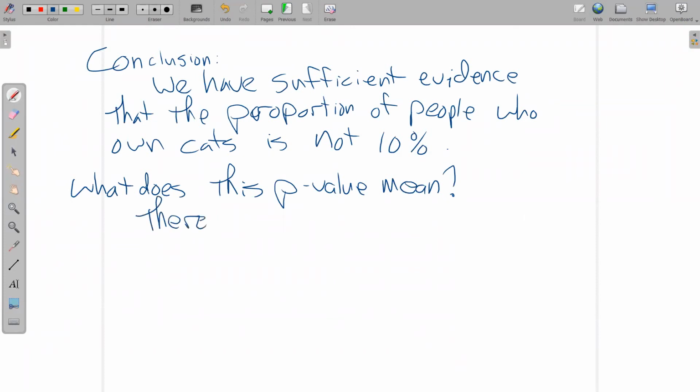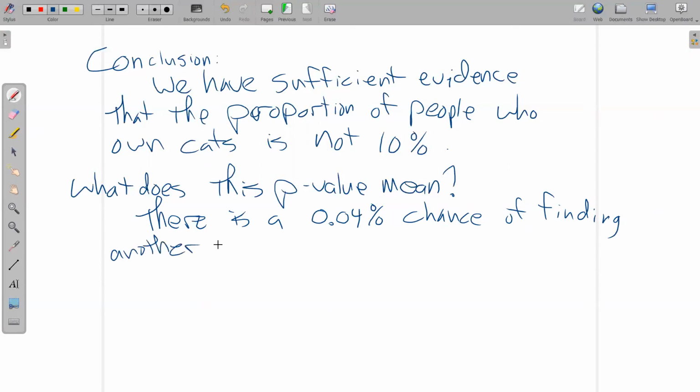So there is a 0.04% chance of finding another sample, and I should state the sample size because that matters, right? That's part of the standard error. Another sample of 700 people.